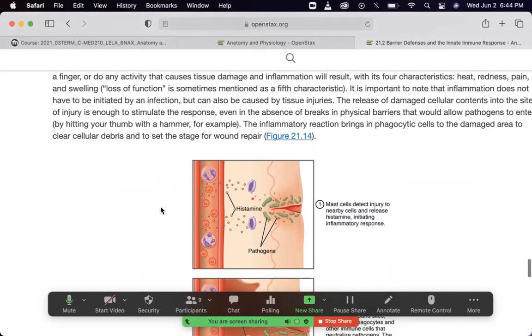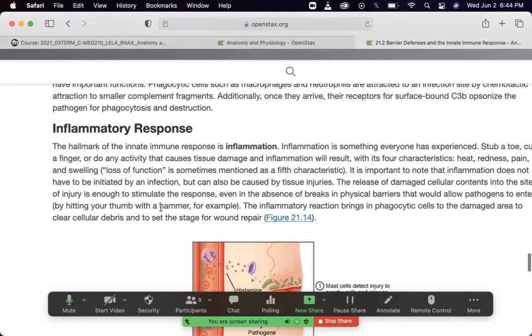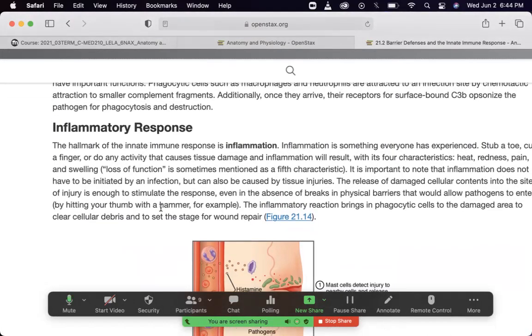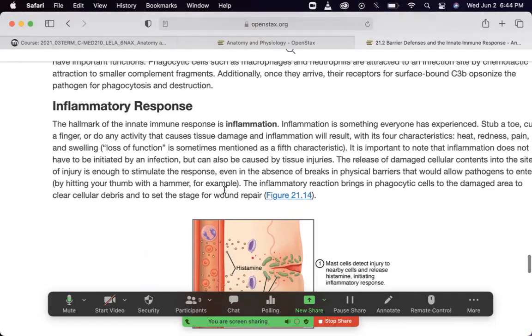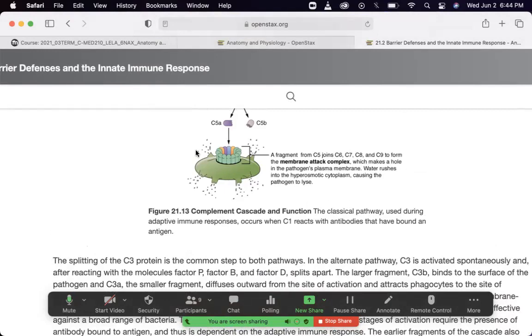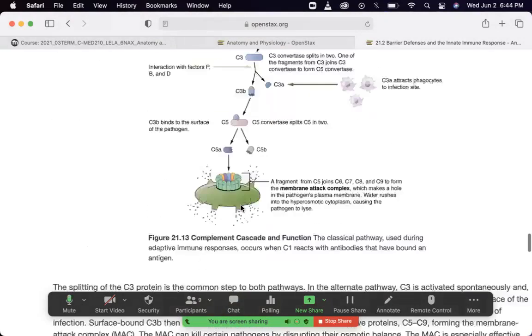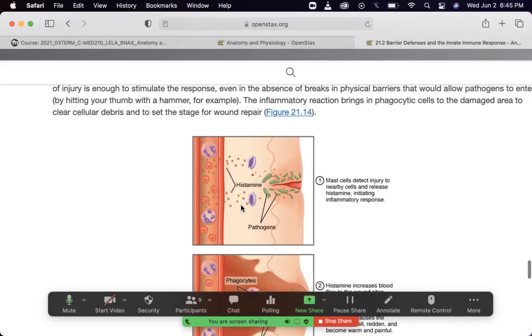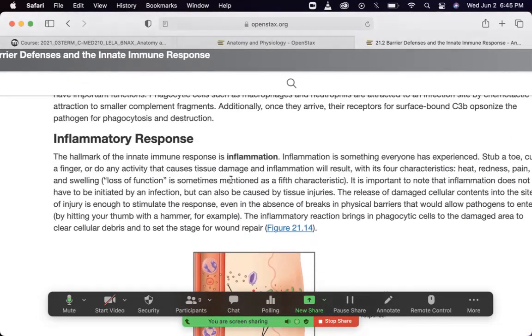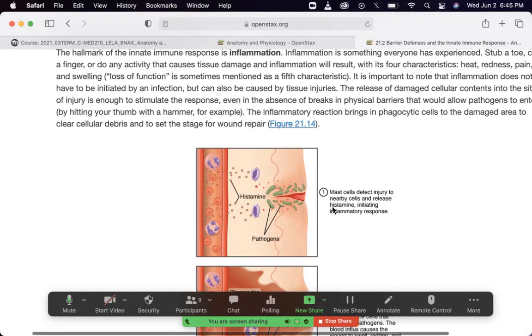Now, just as a quick review from last lecture, the inflammatory response is non-specific, okay? All the stuff that we were talking about up here is highly specific. So non-specific, and I want you to think inflammation, what are the main cells of inflammation?